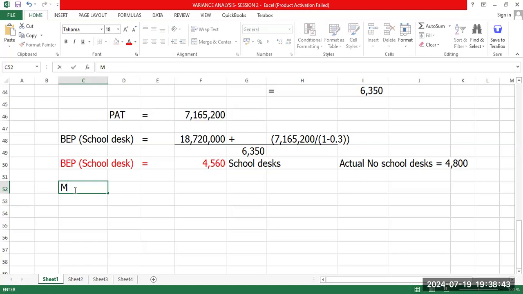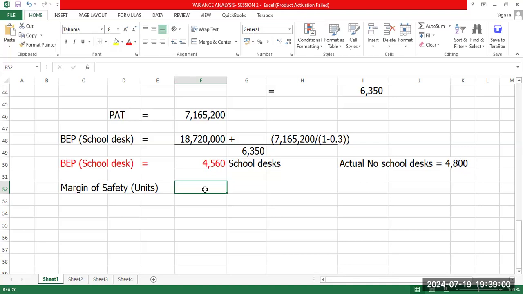But at this point, they can ask you margin of safety in terms of units, and margin of safety is the actual sales units, then minus break-even point in units.